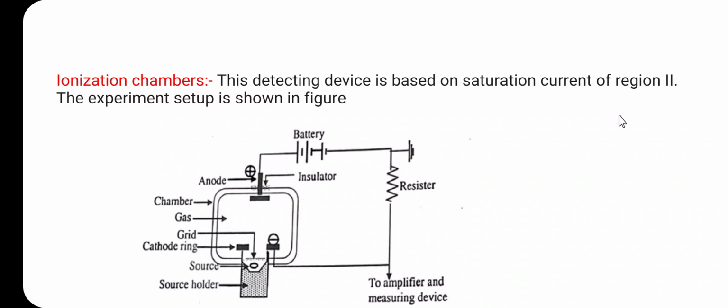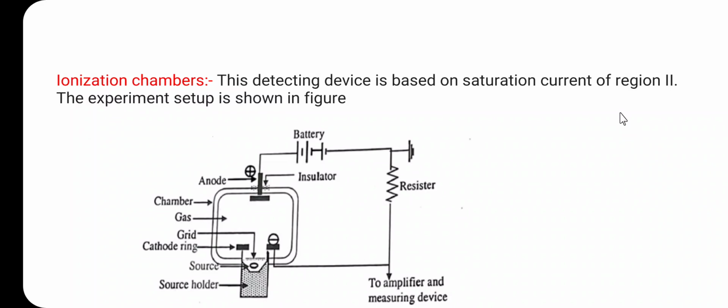Recombination of ion pair is the first region. Second one is the ionization chamber. Third one is the proportional region. Fourth one is the region of limited proportionality. Fifth one is the Geiger region, and the last one is the continuous discharge. So these are the 6 regions.